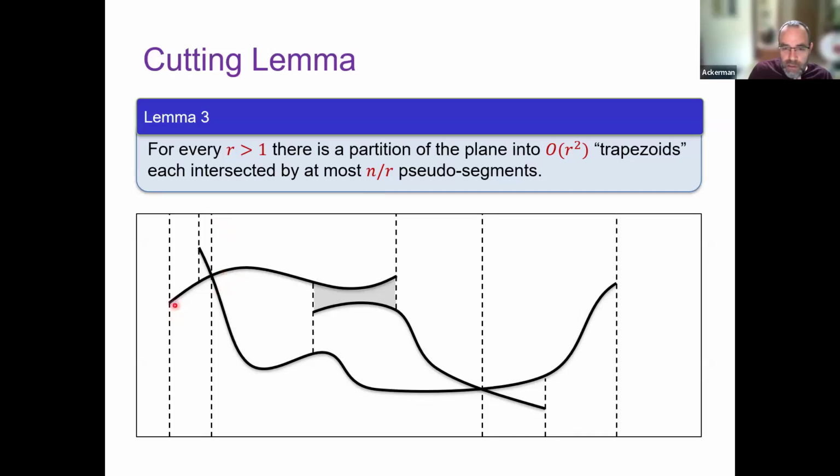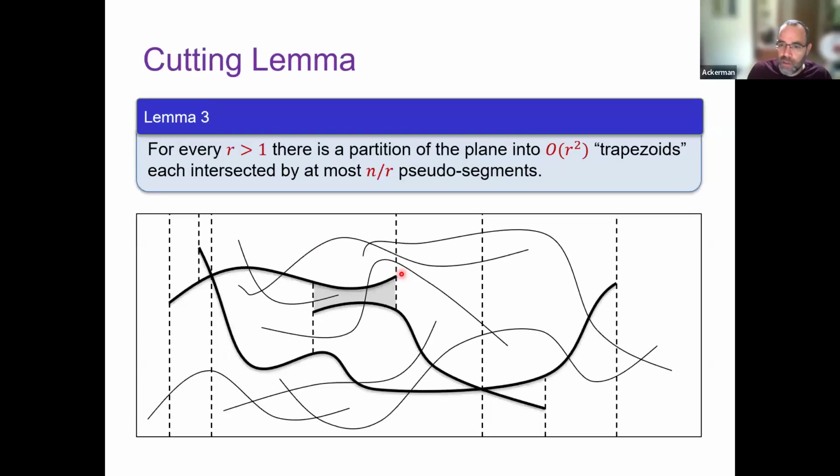We shoot rays upwards and downwards from every endpoint and every crossing point, and we get a partition into trapezoids. The number of trapezoids is on the order of r squared, and every trapezoid is cut or intersected by at most n over r pseudo segments, and we can choose r to be any number.